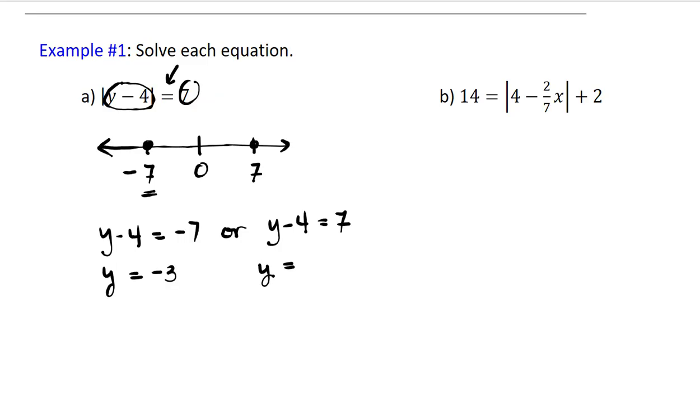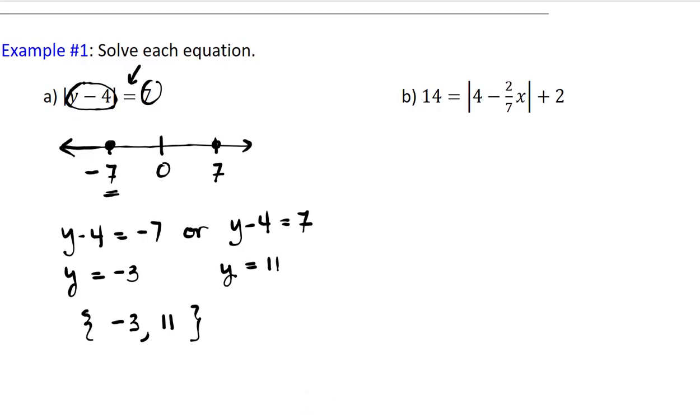And for the second one, we're going to add 4 as well, making y a value of 11. So the solution set, we can put it in either set notation, which consists of the squiggly brackets, or we call them braces, and then write the solutions in the set.